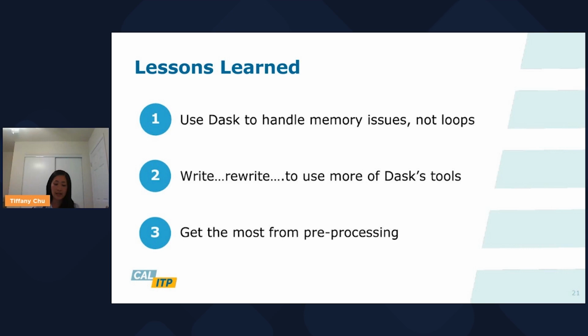And the last lesson is, sometimes the best optimization you can do is going back to the basics and trying to get the most out of your pre-processing steps. I found the exercise was trying to match what I was writing in my code with how I was talking about it, how I was explaining it.